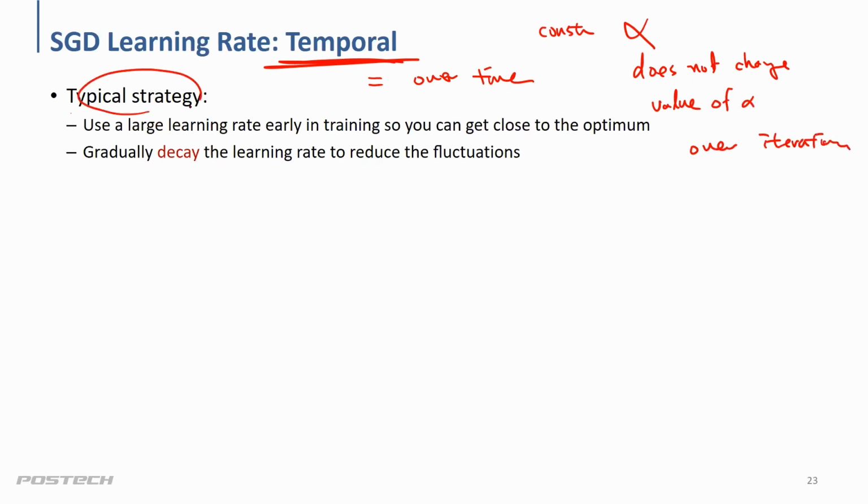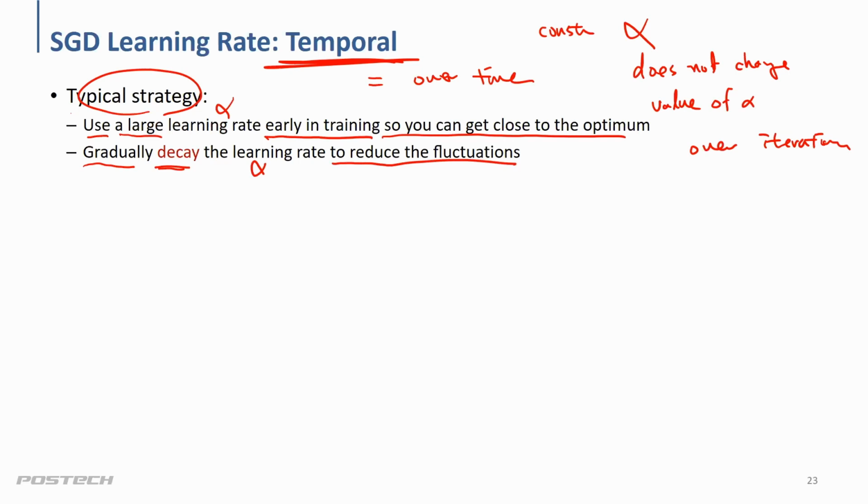But typical strategies use a larger alpha early in training so we can get close to the optimum, and gradually we decay the value of alphas to reduce the fluctuations. Does it make sense?